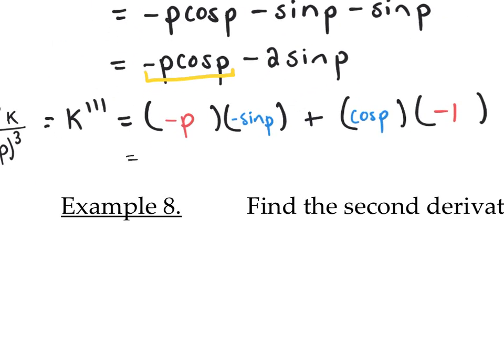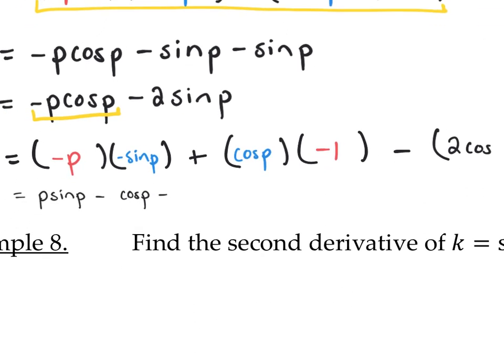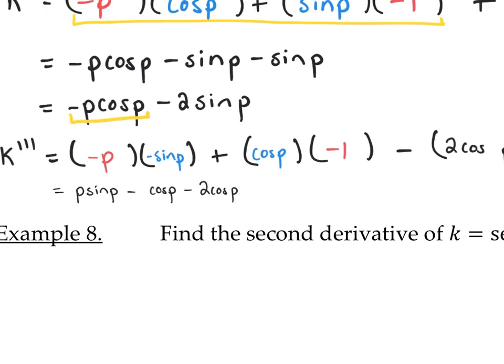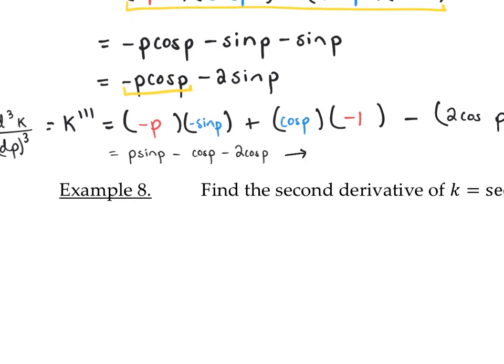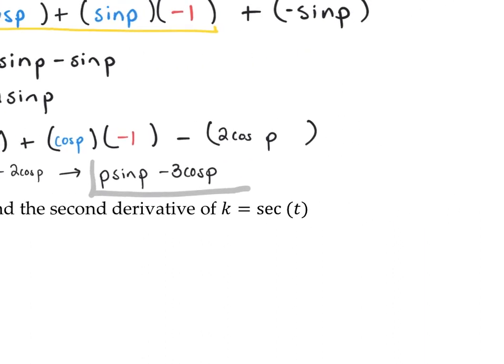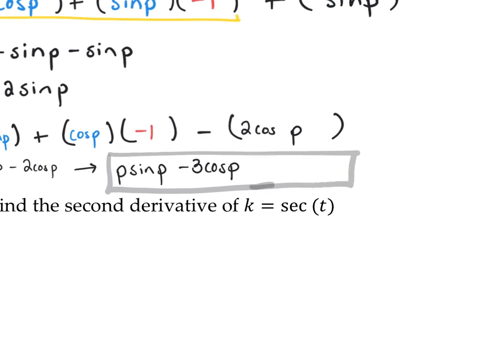And then we will simplify, so I get p sine p minus cosine p minus 2 cosine of p. And when we combine our like terms, p sine p minus 3 cosine of p. We'll say that that equals our third derivative of k with respect to p.